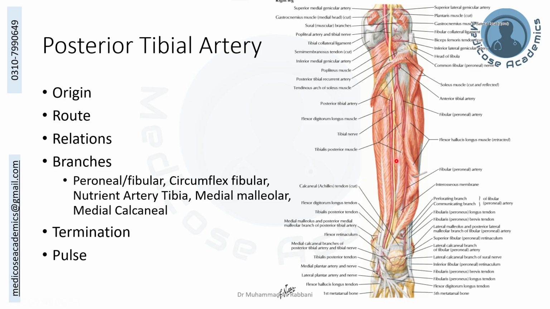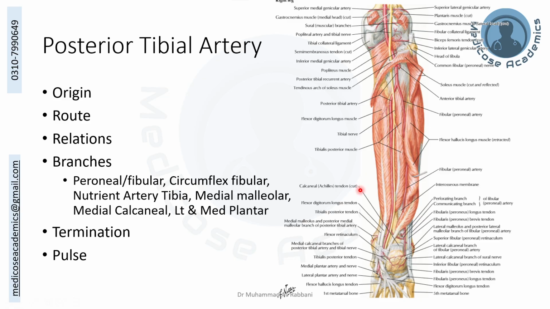It has numerous muscular branches, a nutrient artery to the tibia, and as we move down, the malleolar branch to the medial malleolus, a communicating branch to the peroneal artery, and branches to the calcaneum. The two terminal branches will also be included, the lateral and medial plantar arteries, not mentioned here. Let me add. So these are its branches.